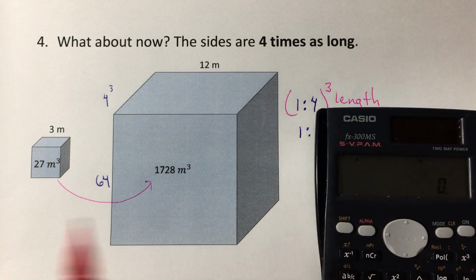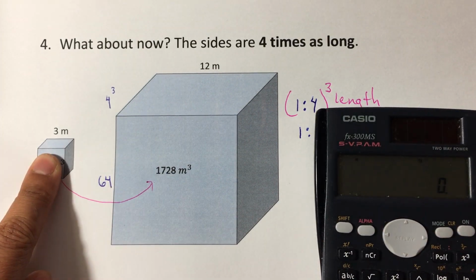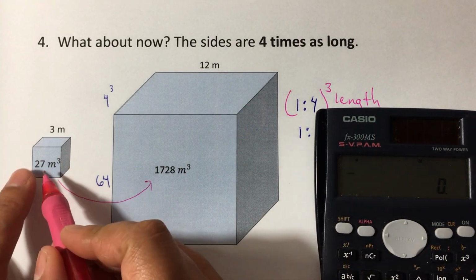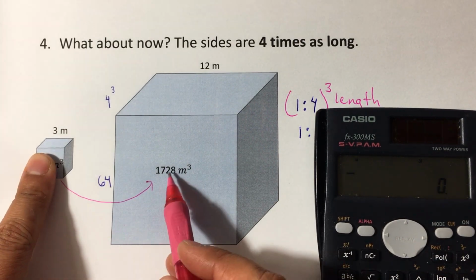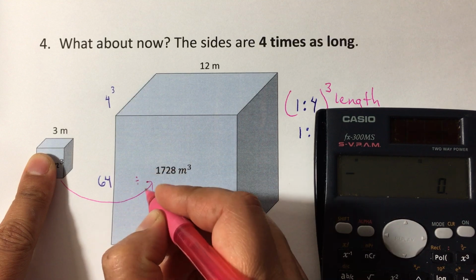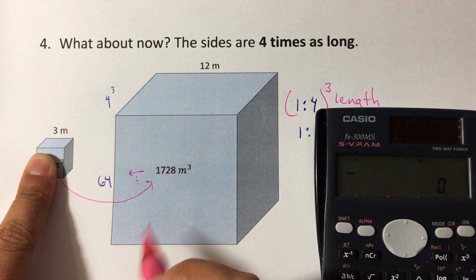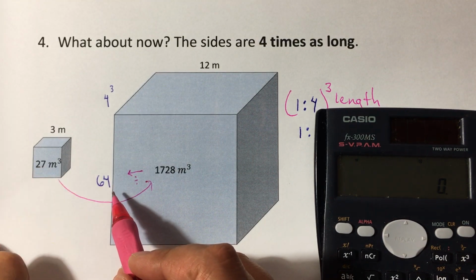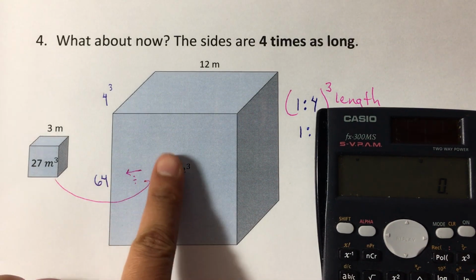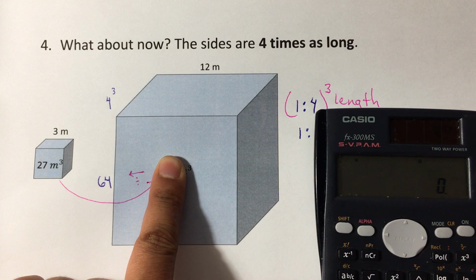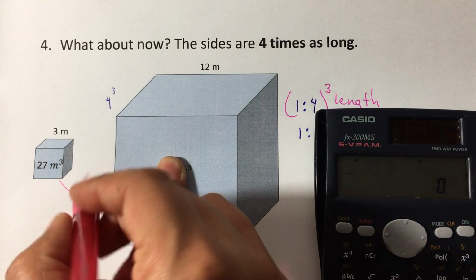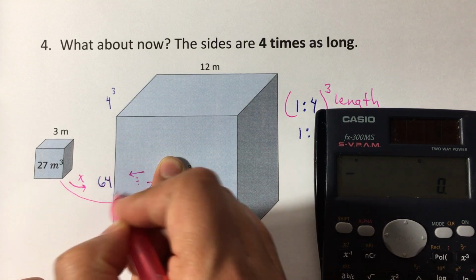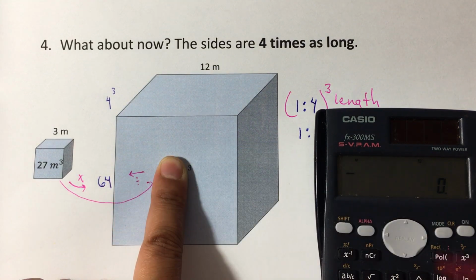What does that mean? That sometimes I'm going to be missing this number, sometimes I'm going to be missing this other number. If what I'm missing is the tiny one, I have to divide going that way. 1728 divided by 64, and you will get that amount. But if what I'm missing is the big one, the big volume, then I'm going to multiply the tiny times the ratio equals the big volume.